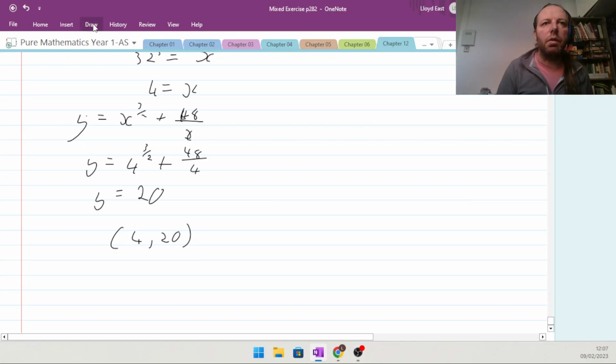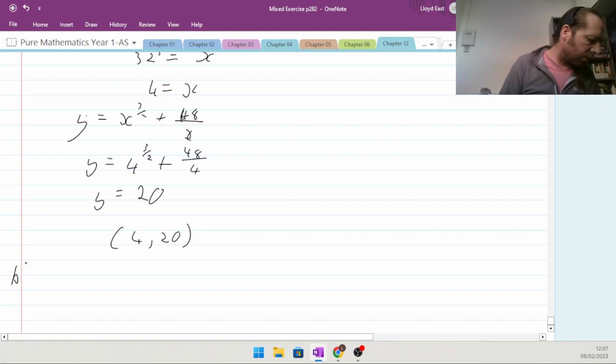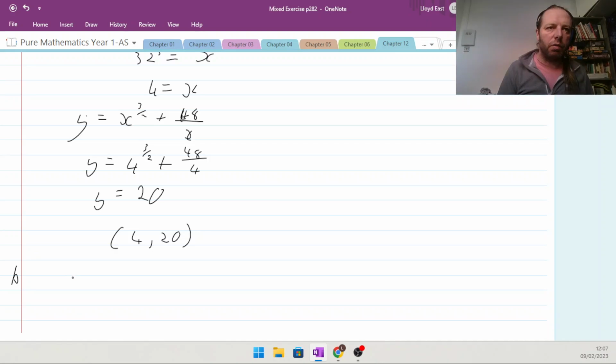Okay then, so part B, show that the value of y which you have found is a minimum. So we know that if you have d2y by dx squared greater than 0 at a point, in this case x equals 4, then it's a minimum.